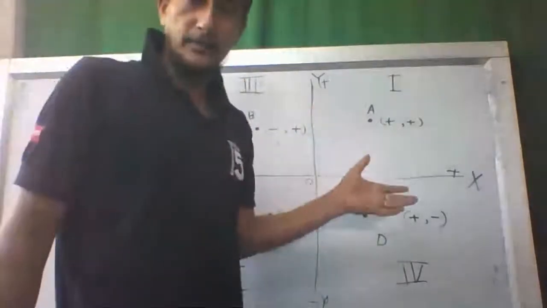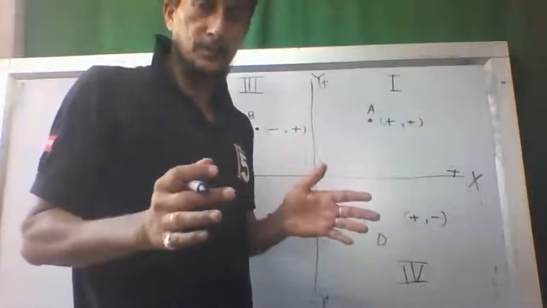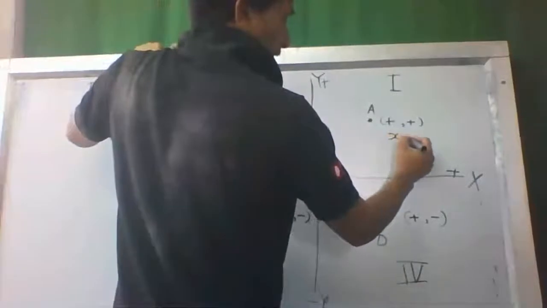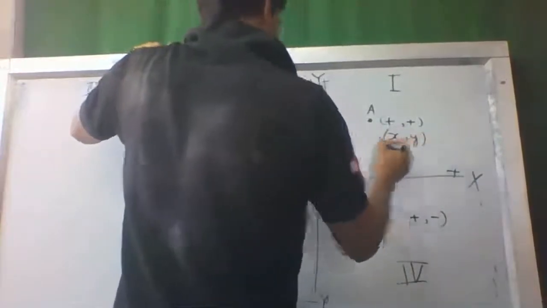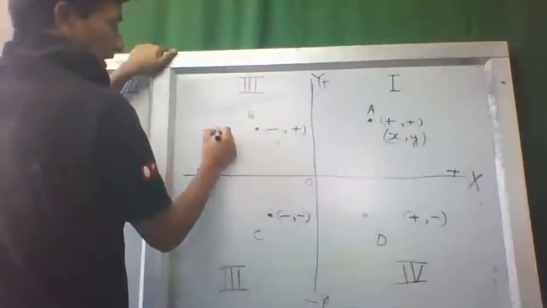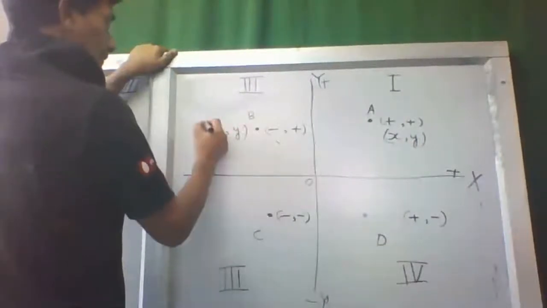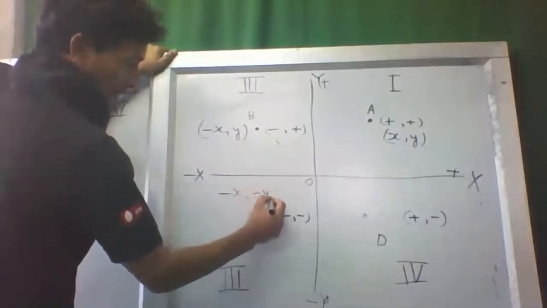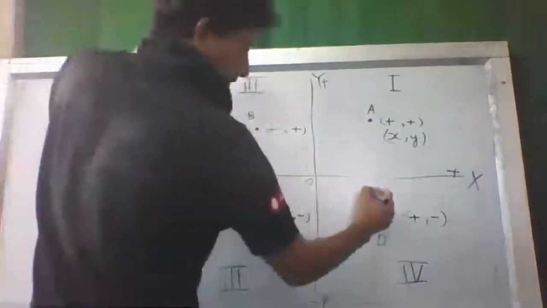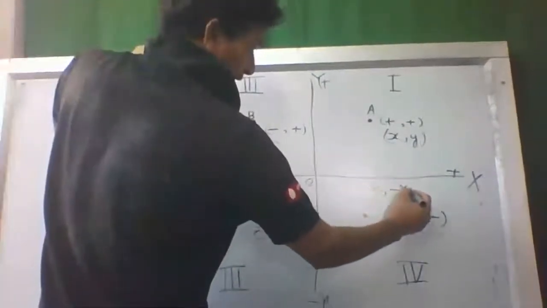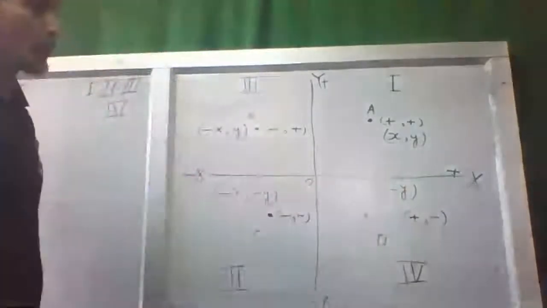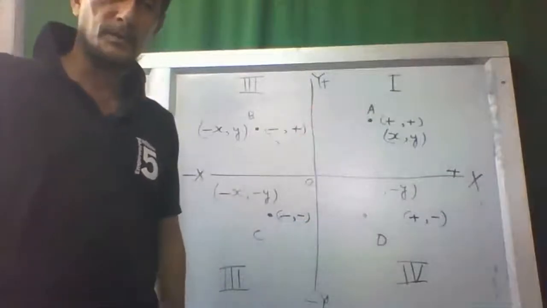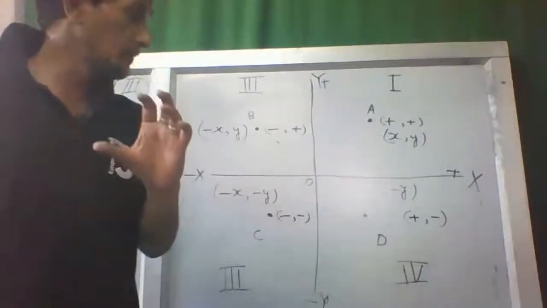If we write in the form of alphabets, it will be x, comma, y; minus x, comma, y; minus x, comma, minus y; and x, comma, minus y. 4 coordinates having different types of Cartesian symbols.